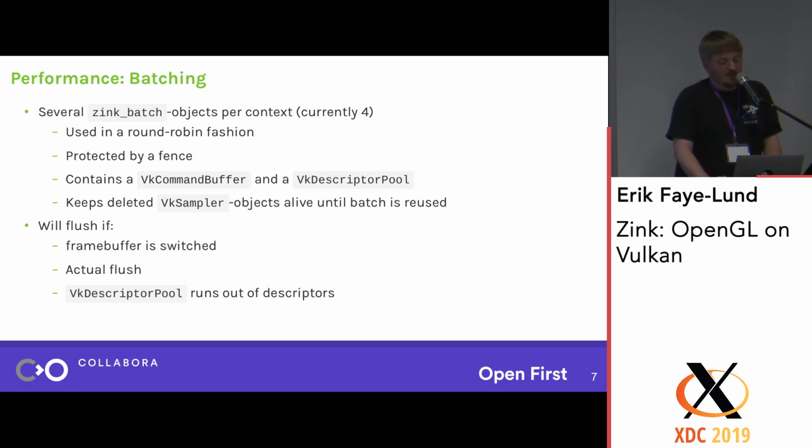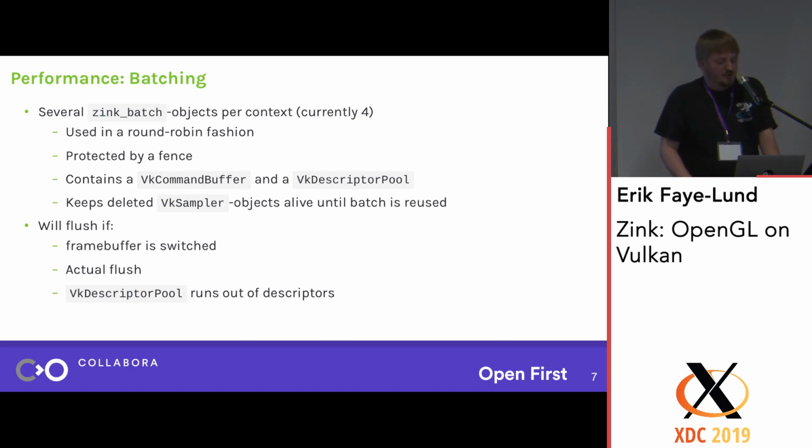Each of them contains a command buffer and a descriptor pool of fixed sizes, and they keep VK sampler objects alive until they're reused, because if you delete the sampler while it's still referenced, Vulkan doesn't like that.